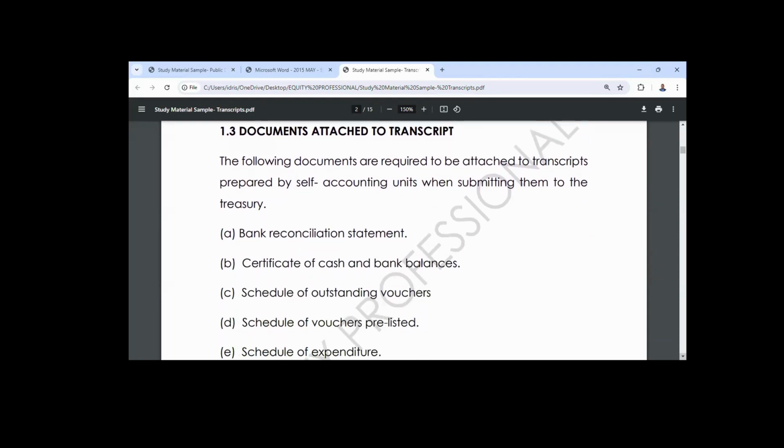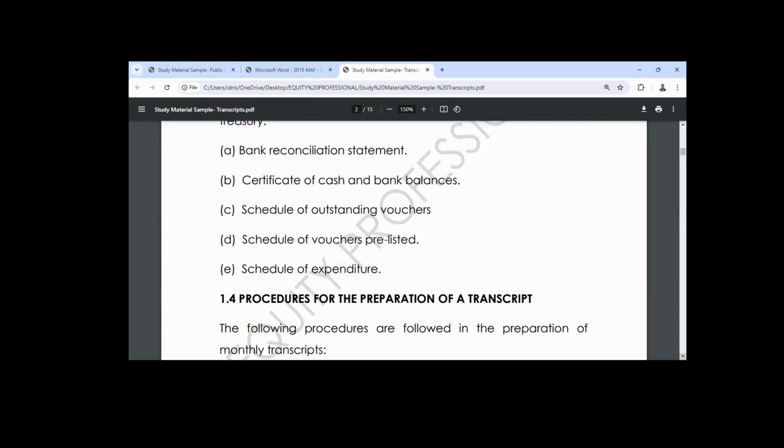What are those documents? Bank reconciliation statement, estimate of cash and bank balances, schedule of outstanding vouchers, schedule of vouchers pre-listed, and schedule of expenditure.